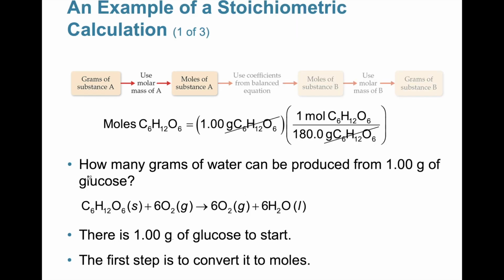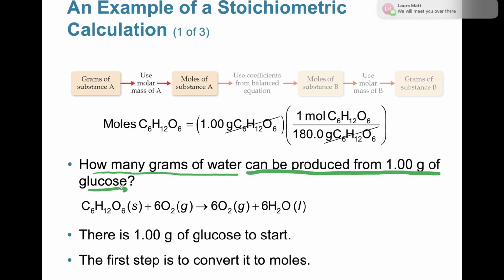So let's start with this one right here as an example, okay? The question says, how many grams of water can be produced from 1 gram of glucose? So the first thing we have to do here is we have moles of glucose, and we can convert using the molar mass of glucose, right?